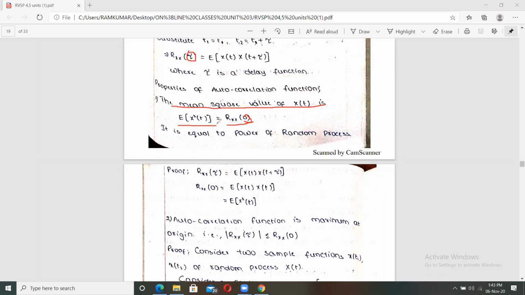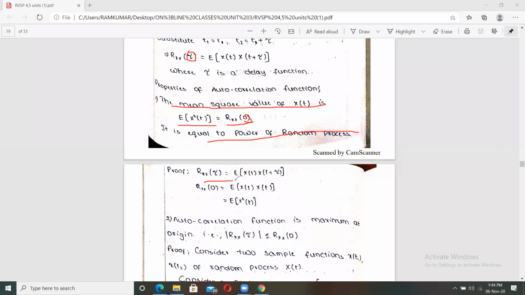This is also nothing but the power of a random process. There are some problems related to this topic, like the mean square value. We will see them later. Now the proof is also a simple one.